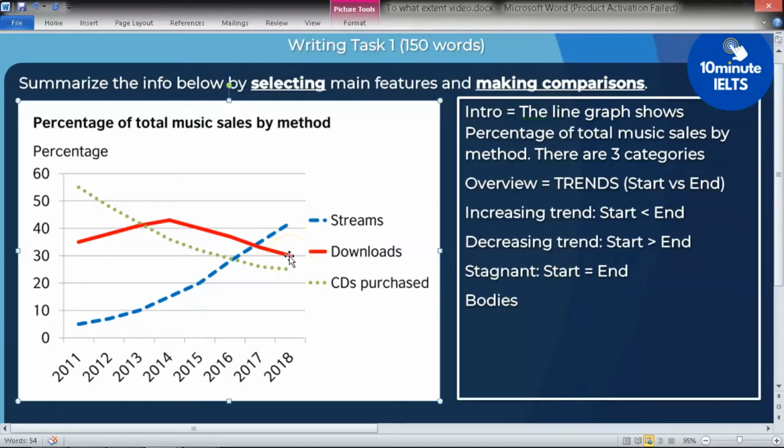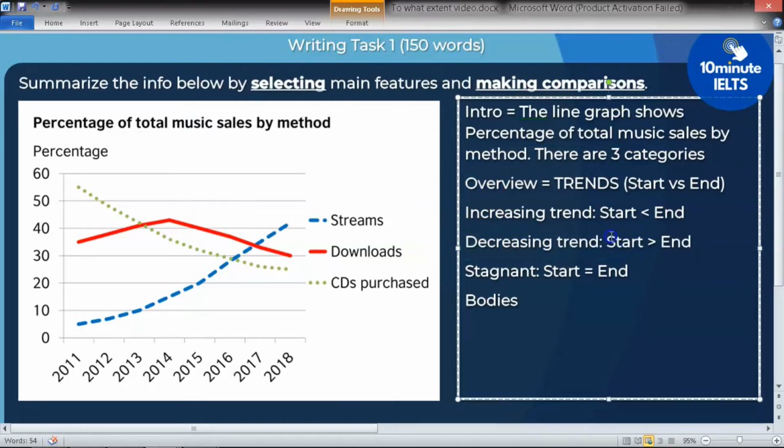This means to say that the starting figure was higher than the ending figure, therefore the overall general trend of downloads is still considered decreasing. I repeat, the overall general movement of downloads is still decreasing. I don't care about 2014 or 2015. I only care about the start and the end. That's how you identify general or overall trends.